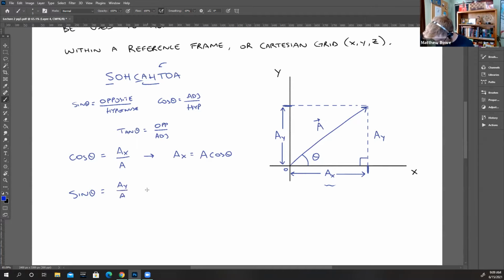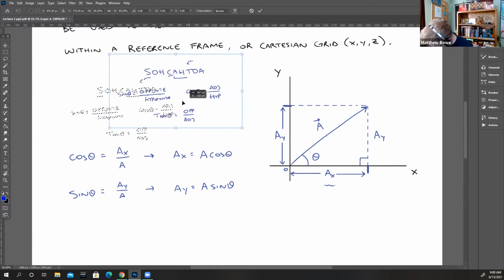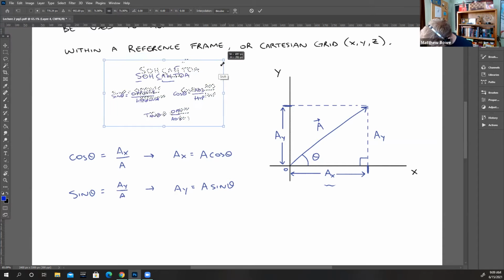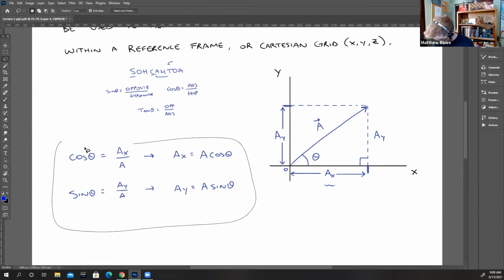Y over a, that is a sine theta, like that. Okay, I'm gonna shrink this down because it's in the way a bit. Okay, and I'm gonna move these up.